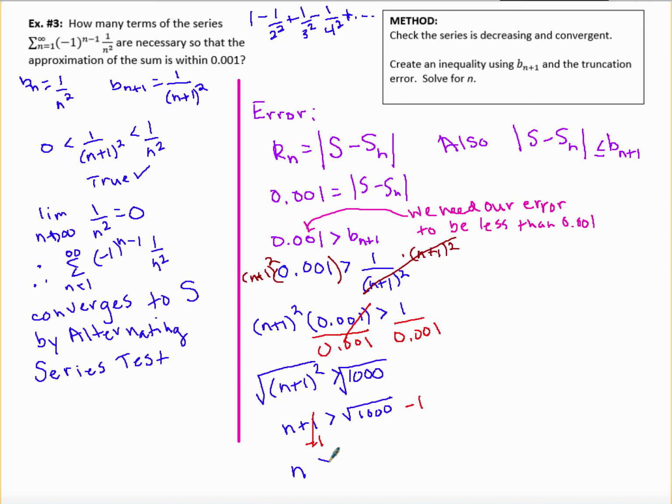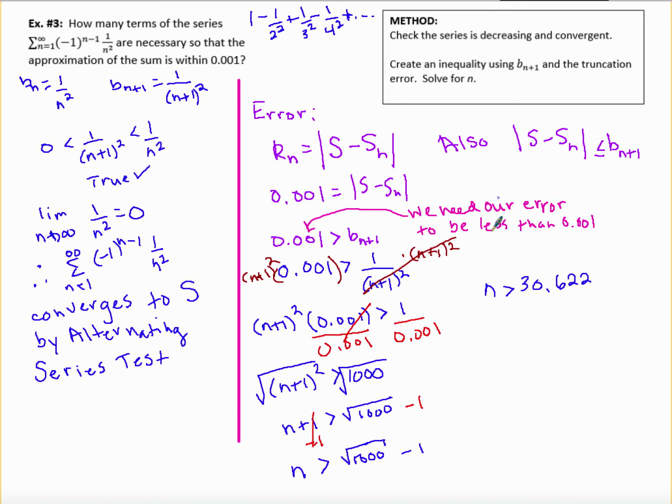Woo-wee! When I pop this into my handy dandy calculator, making sure that the minus 1 is on the outside of the radical, I actually get that n is greater than 30.622. Now, as you recall, n has to be a positive integer. And so 30.622 is not an integer.